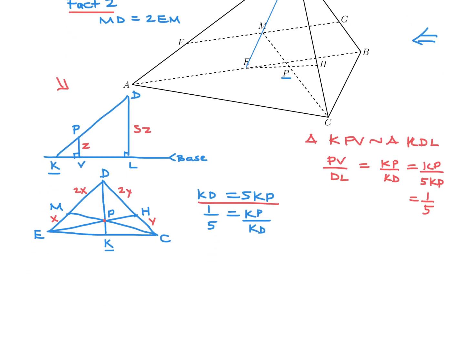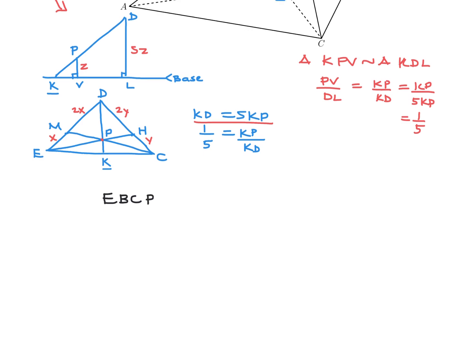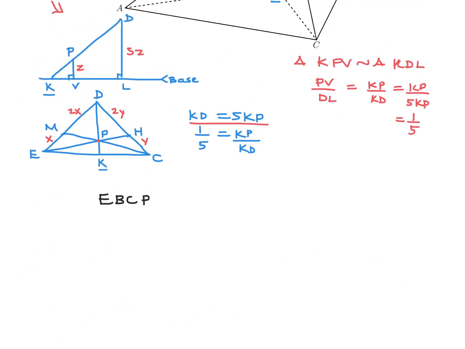Okay, we interestingly now have enough to solve the question, believe it or not. And then what they wanted is the ratio of EBCP over ABCD. Let me just double check that. EBCP, yep, over ABCD. Now, the area of a tetrahedron, or is it area or volume?